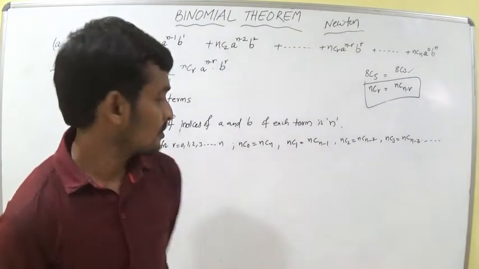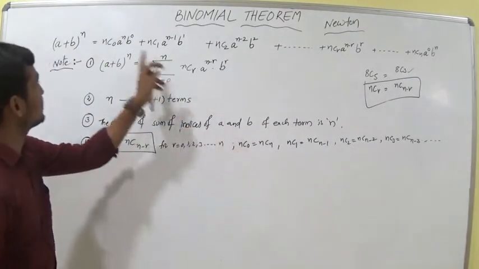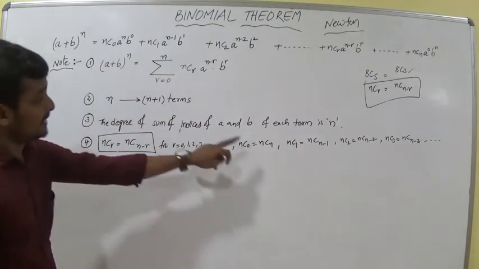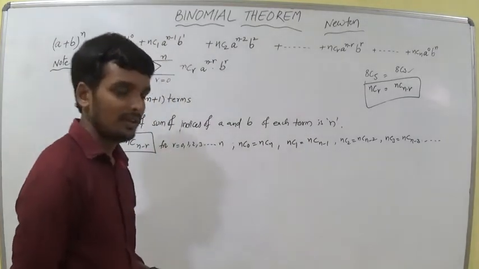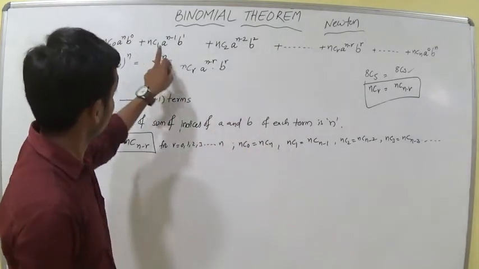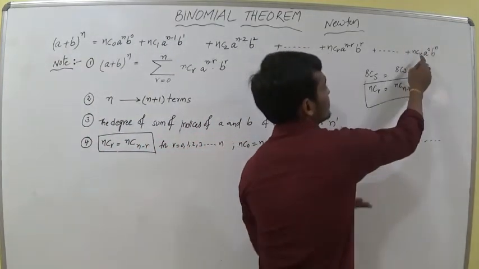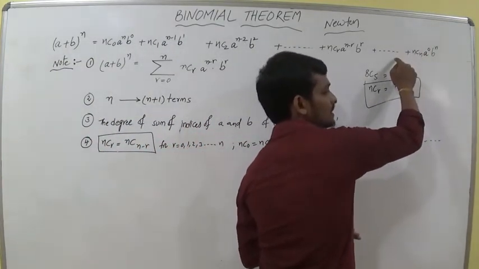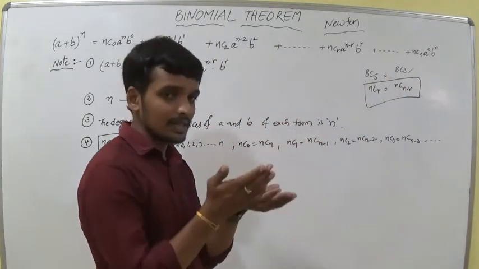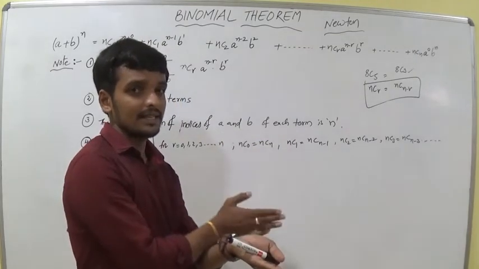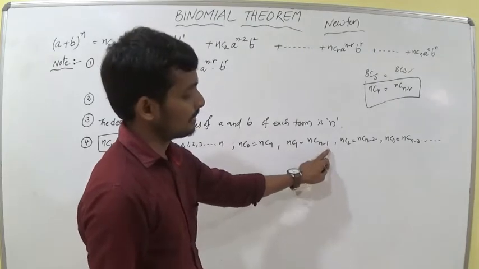In our binomial expression, nC0 is the first term and nCn is the last term. The same way, nC1 is the second term. If you write the second term from the last, the last is nCn and the term before it is nC(n minus 1). So nC1 is equal to nC(n minus 1).